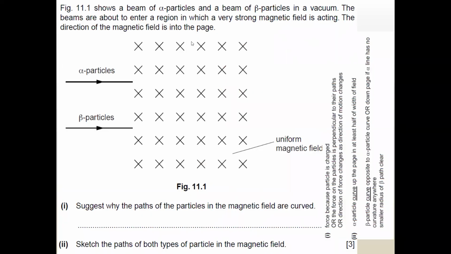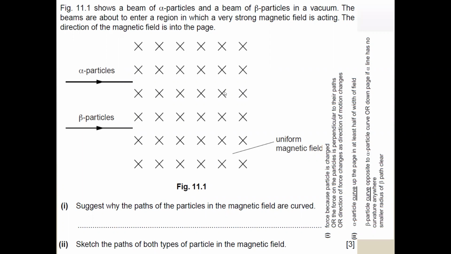So as you can see here, figure 11.1 shows a beam of alpha particles and a beam of beta particles in a vacuum. The beams are about to enter a region of a strong magnetic field. The direction of the magnetic field is into the page. Suggest why the path of a particle in a magnetic field is always curved.